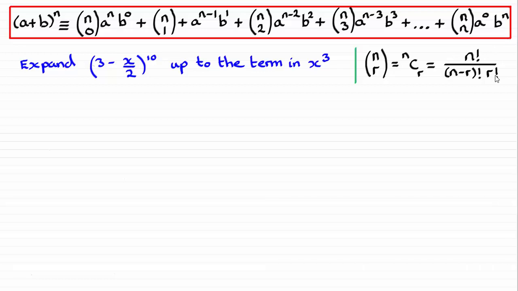And this is really useful when it comes to working with high powers, because you don't want to necessarily plough through Pascal's triangle. So I've got an example here: expand (3 minus half x), or x upon 2, to the power 10 up to the term in x cubed. So you might want to pause the video at this stage and have a go. When you come back, I'll take you through the worked solution.